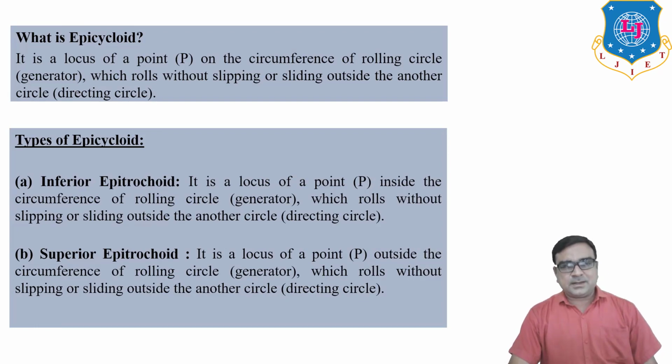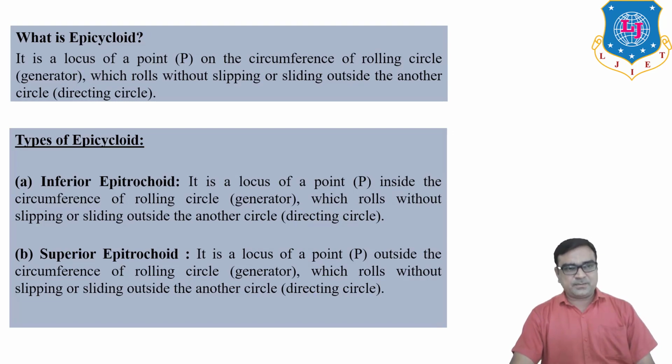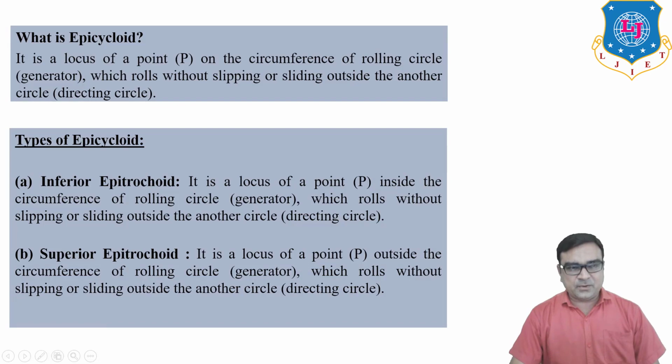What are the types of epicycloid curve? Which are inferior epitrochoid and superior epitrochoid. Inferior epitrochoid means it is the locus of a point P inside the circumference of a rolling circle which rolls without slipping or sliding outside another circle, which is known as the directing circle.